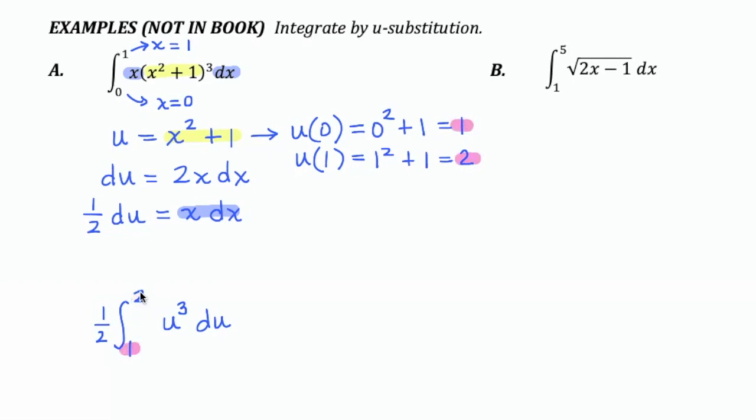And if your integral is in terms of u, it has to be completely in terms of u, including those limits. Now you would go ahead and proceed as normal.